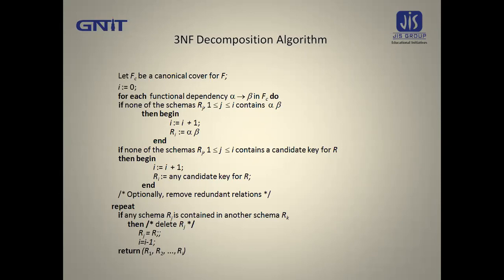Then Rj becomes R, i equals i minus 1, and we return all the relations, that is, after decomposition, the results that we are getting, R1, R2 up to Ri.